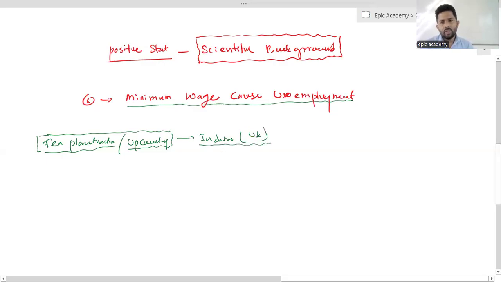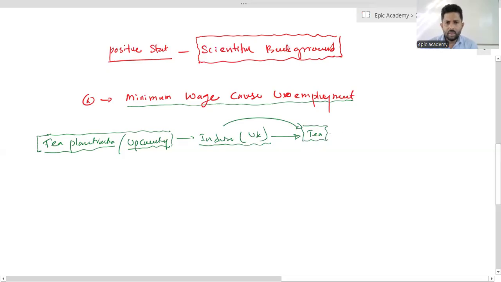People belonging to the lower caste in the Indian system were brought into the Sri Lankan community as plantation workers, especially tea plantation workers.